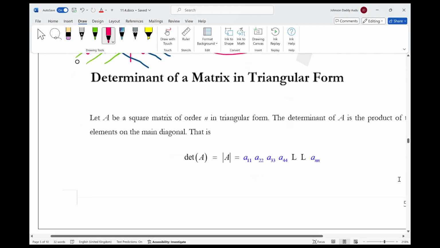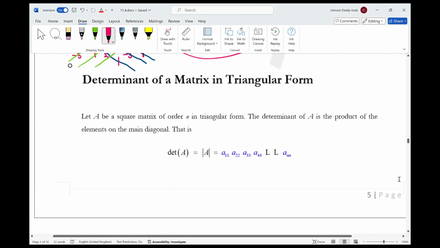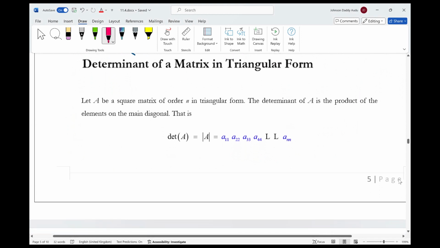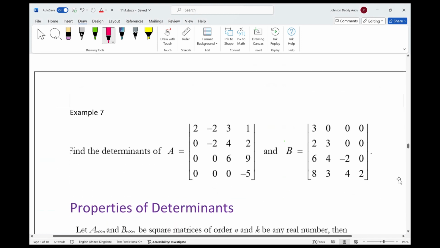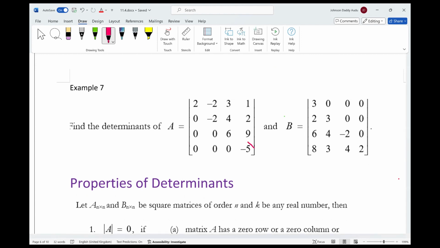Now, let's talk about, again, the determinant of matrices in triangular form. Triangular form simply means that you have a matrix whereby every element, for example, in this one, below the main diagonal, you see that they are zeros, okay?